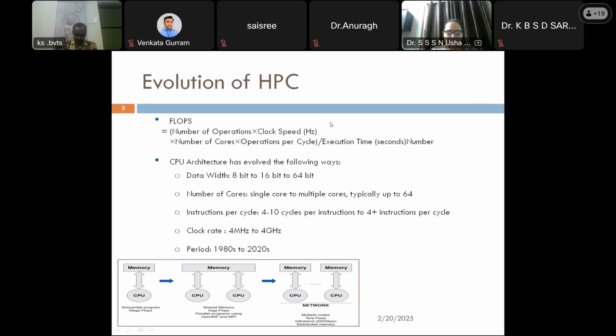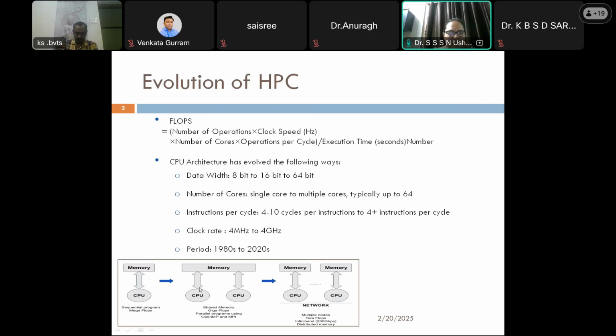So before going to that, we just look at what are the various changes that happened from 1980 to 2020, in the hardware architecture. So how we can observe the changes. Let us go through it. Here in this diagram, you can see a single CPU with a memory, and it's sequential programs, megaflops.